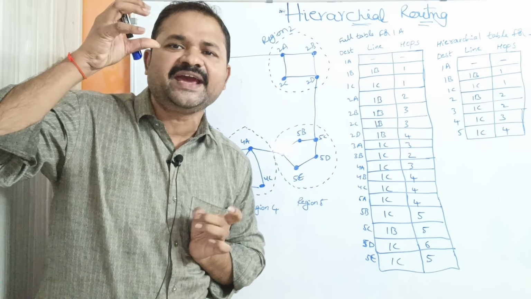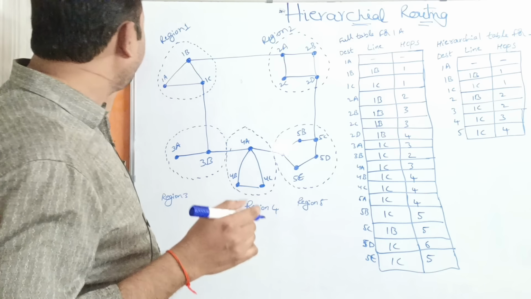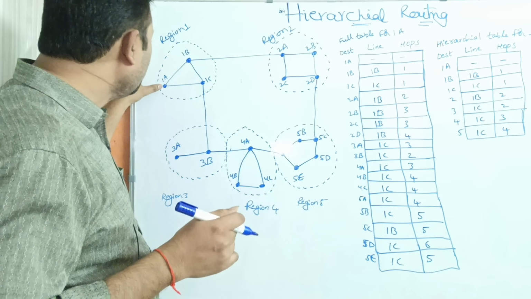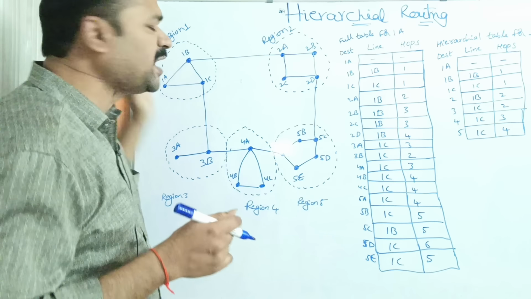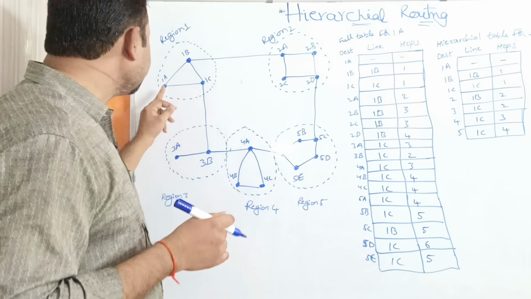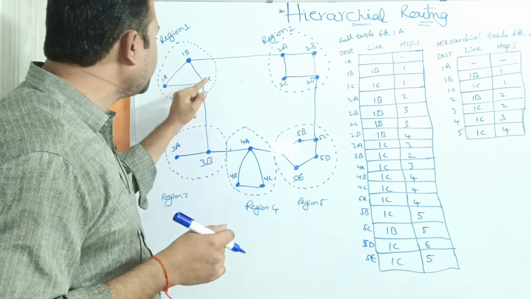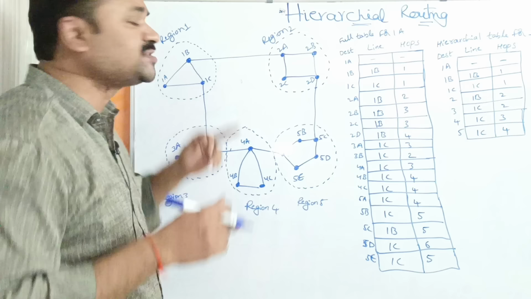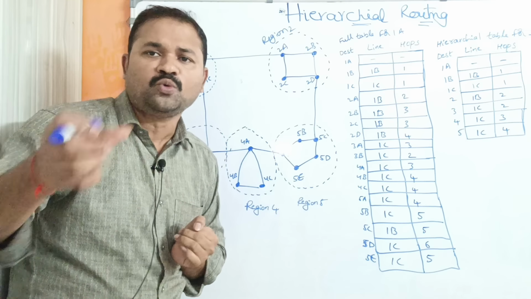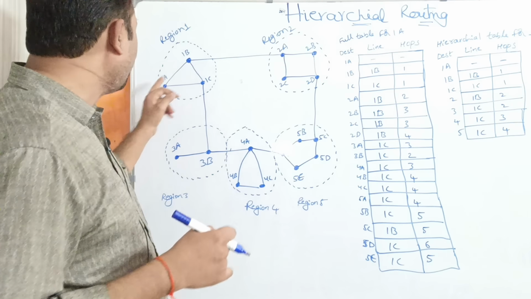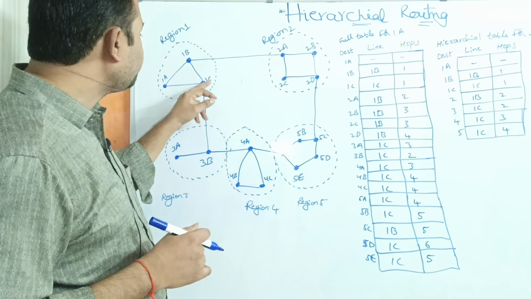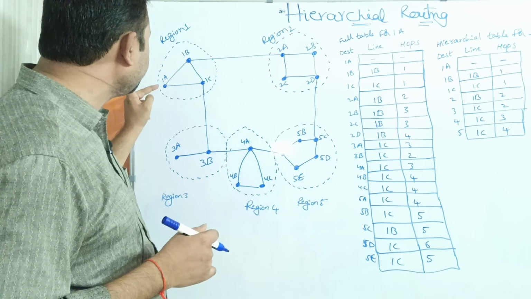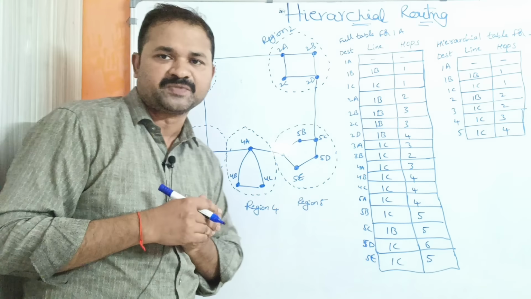Here 1A knows how to route packets to 1B, as well as 1C. Likewise, 1B knows how to route packets to 1A and 1C. And 1C knows about 1A and 1B.